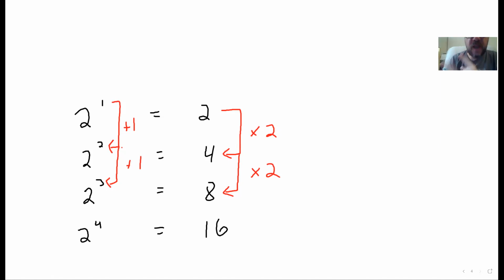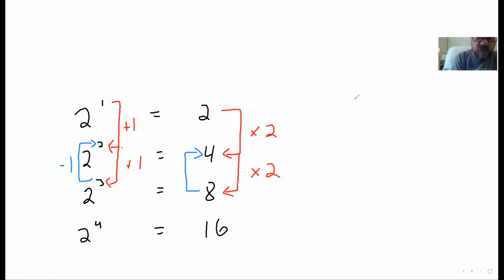I want to think about this backwards. I want to think about not what happens when I increase the exponent by 1, but what happens when I decrease it by 1, right? So when I'm going the other direction, minus 1, what happens here? Well, you're multiplying by 1 less 2, so you can think of that as dividing by a 2.